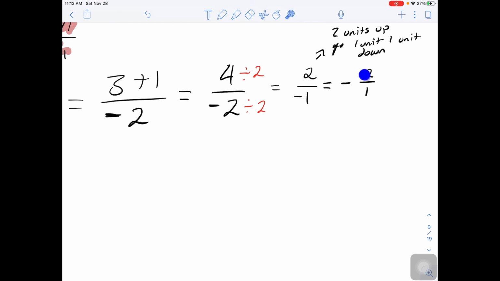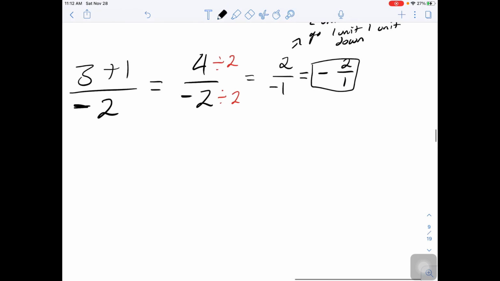So whoever's reading your math can either apply that negative on top or on the bottom. So I'm going to represent it like this. And recognize, simplified, you probably want to just represent it even as negative 2, because negative 2 divided by 1 is negative 2. But recognize that that 1 is always there. It didn't disappear. You have to remember that the run is still positive 1 in this case.